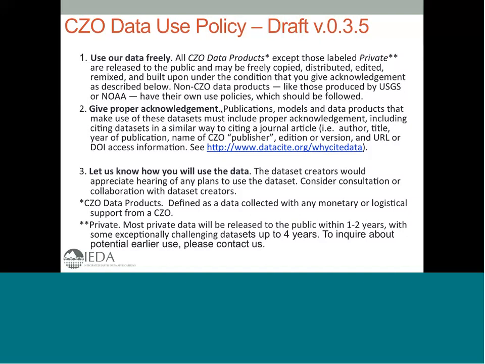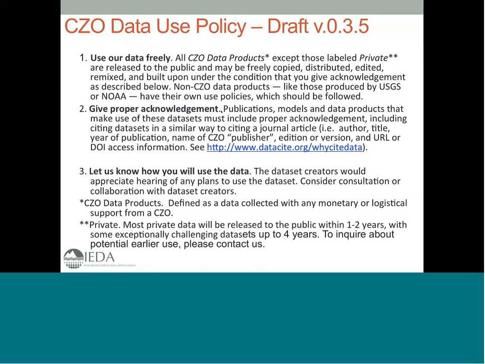So let's talk about the data use policy. You've probably all glanced at the slide that's been up for a little while now. This is something that we started developing organically that basically has 3 clauses. The first is: use our data freely, and there are some definitions at the bottom.